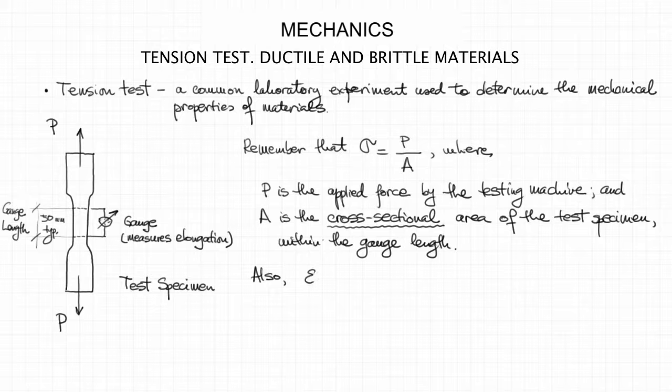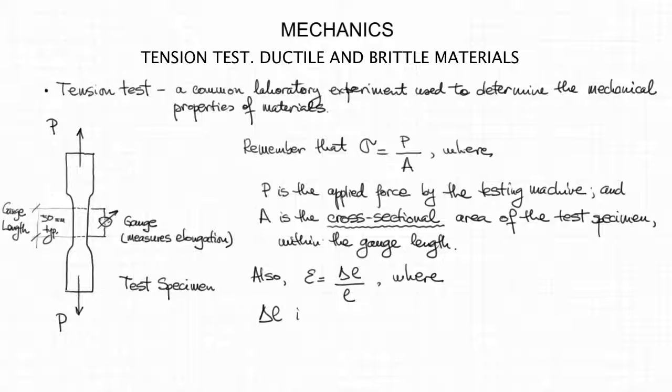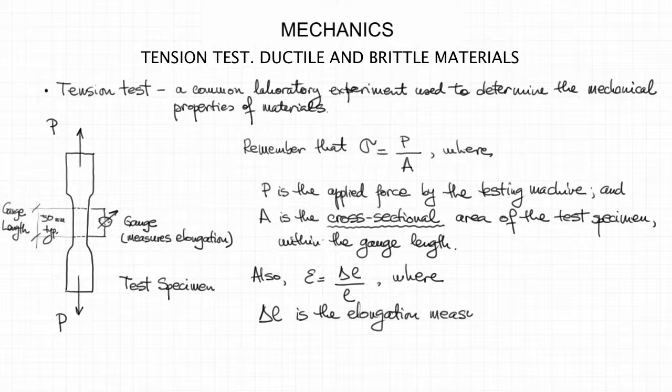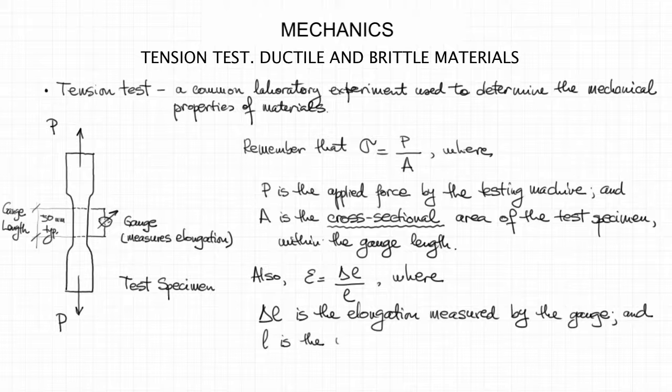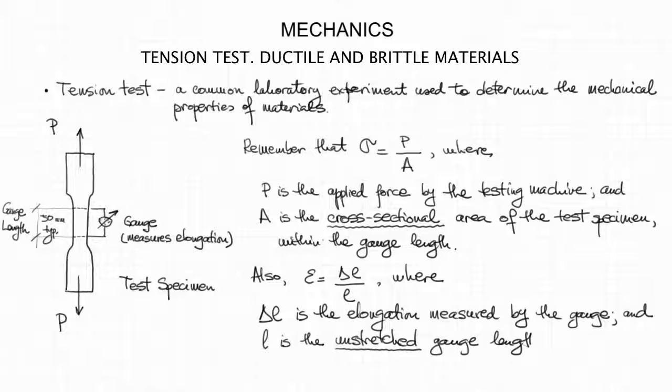Secondly, remember that the strain is equal to the elongation divided by the original length. The elongation will be measured by the gauge attached to the specimen, and L is the original length, in this case the 50 millimeter gauge length, which is the original unstretched length of that portion of the specimen.